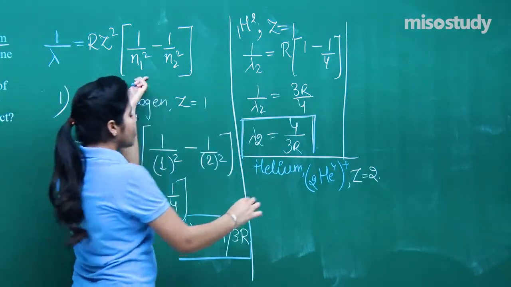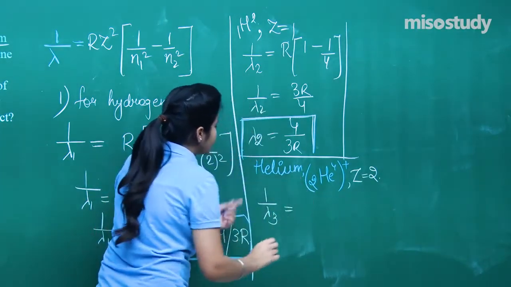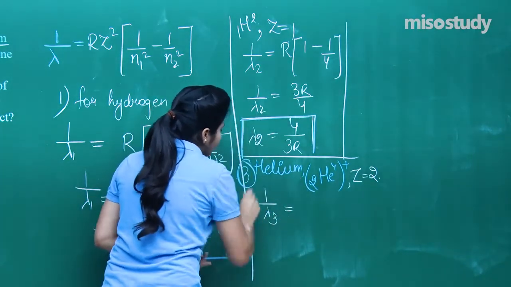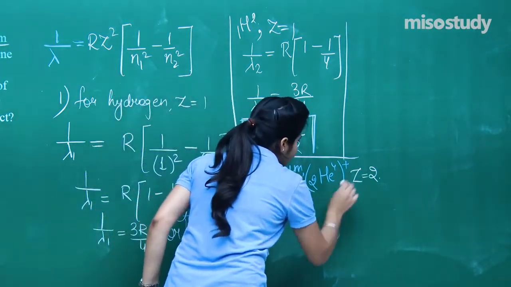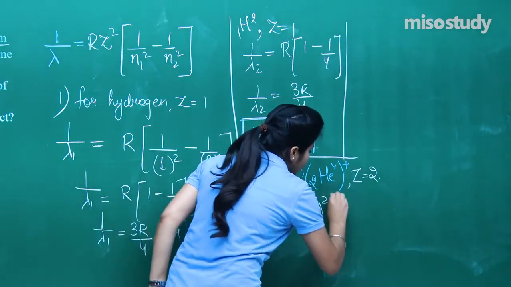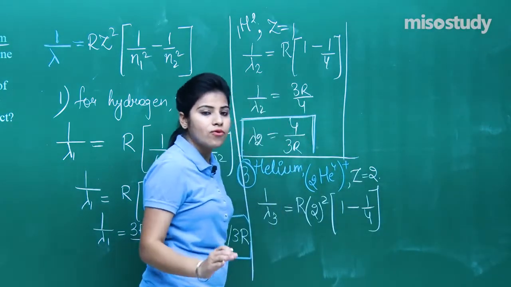So we will have 1 by lambda 3, because we are dealing with the third part now. So 1 by lambda 3 equals R into Z square. Now Z is 2, so Z square is 4, times 1 minus 1 by 4, because the transition is the same for all.